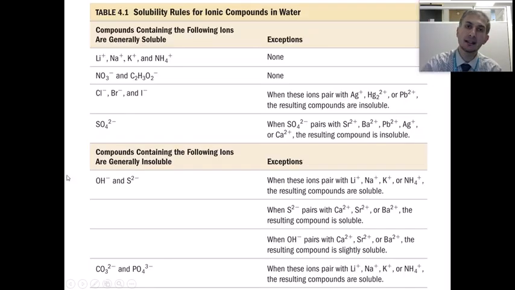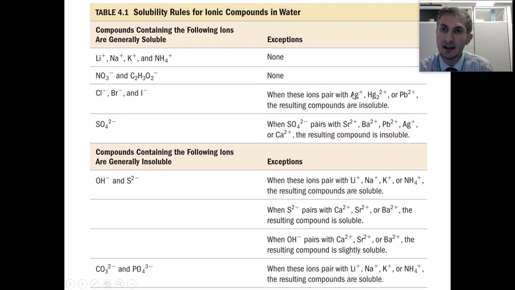I'm going to go back and talk about the other rules. Whenever we are talking about halogens like chlorine, bromine, and iodine, they make chloride, bromide, iodide. If they pair with silver, mercury, and lead, they make an insoluble solid.